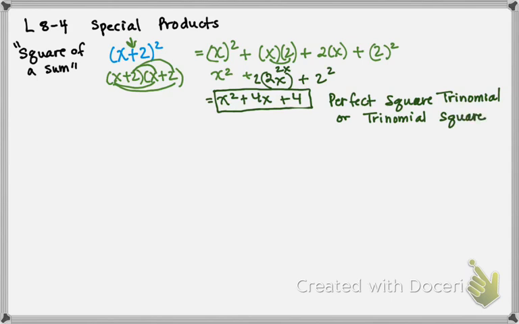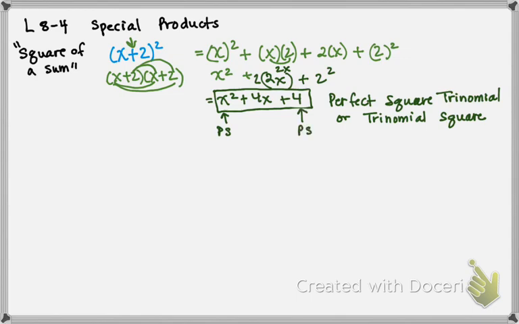Okay, so you should notice there's a couple things going on in this problem. We've got a perfect square in the front, so I'm going to just say perfect square, and we've got a perfect square in the back, perfect square.